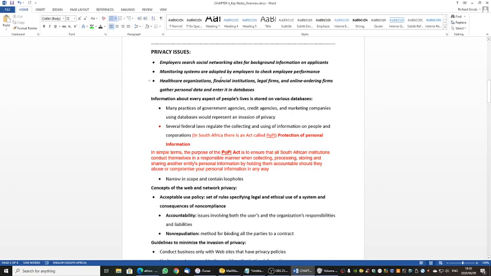Healthcare organizations, financial institutions, online ordering firms all gather your personal information and store it in a database. What they do with that information is critical, and I'm actually going to write here, what do they do with it?